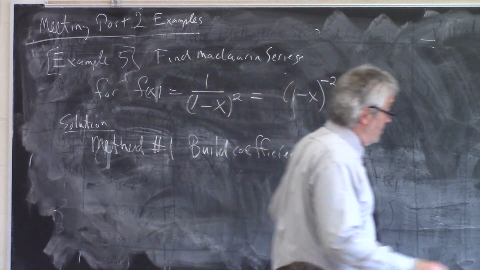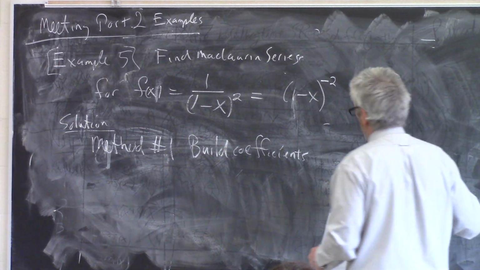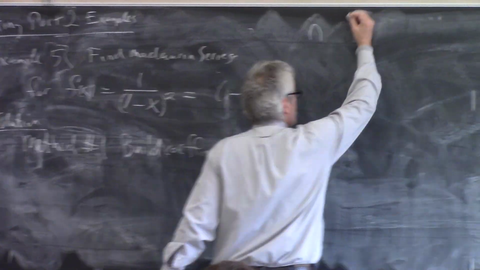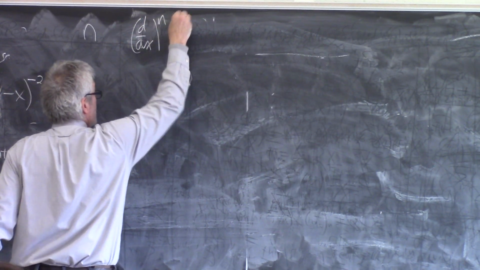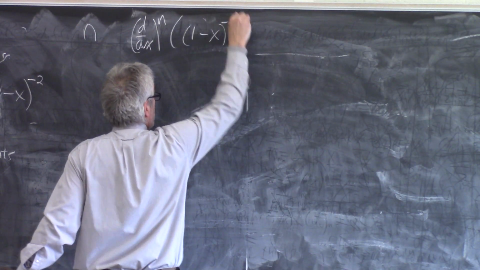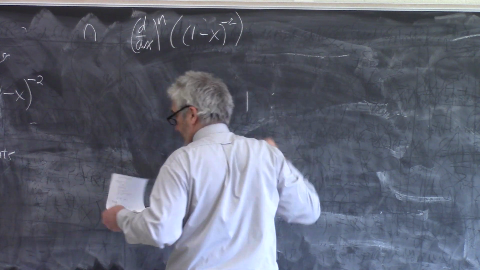So let's build our coefficients. So we have n, then we have the nth derivative of 1 minus x to the minus 2 power.